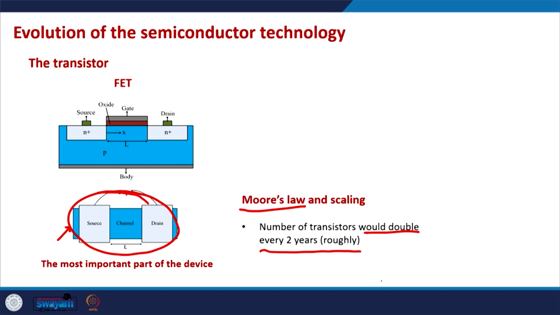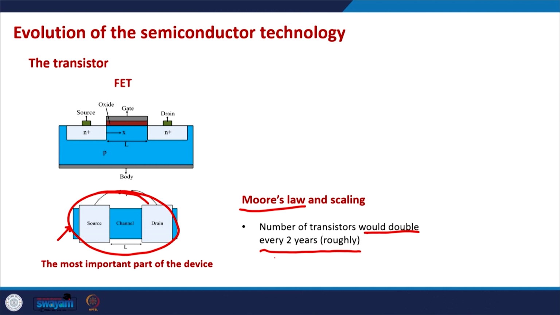That's the scale of the progress of transistor technology. Gordon Moore, the co-founder of Intel, put forth this observation. Moore's law is not a fundamental law of nature; it is more like an observation about the progress of the semiconductor industry.